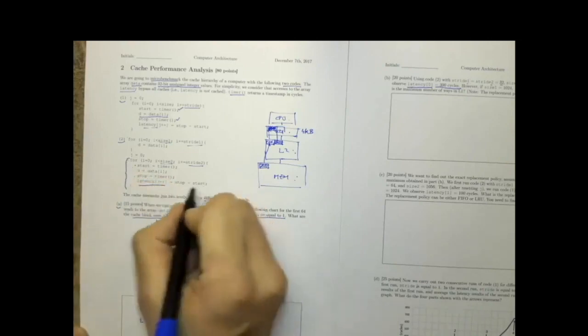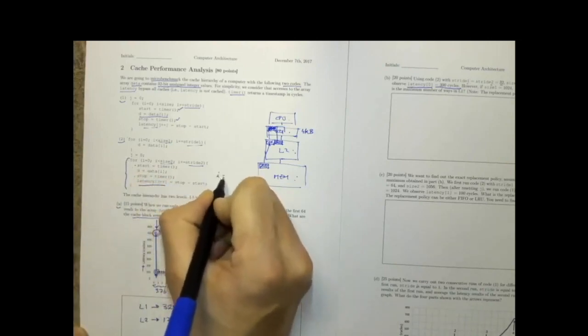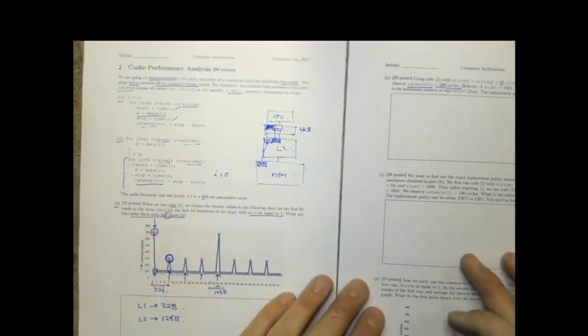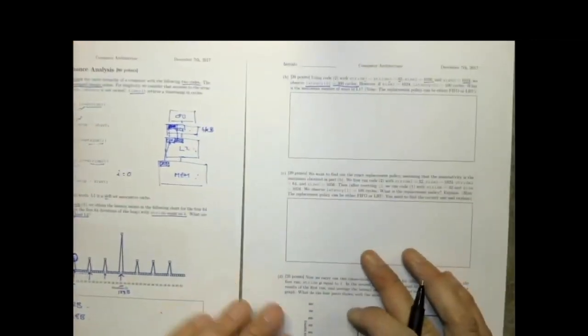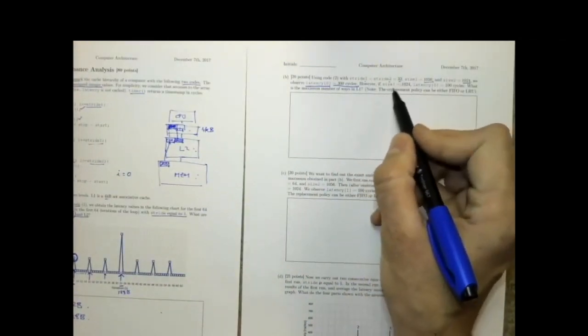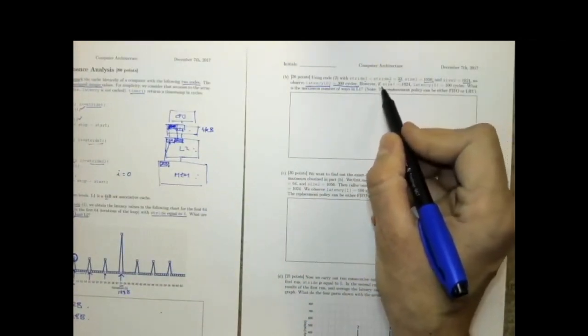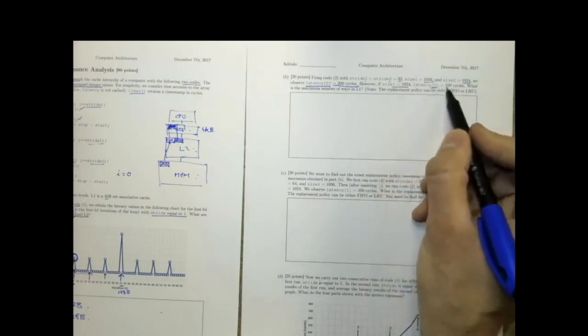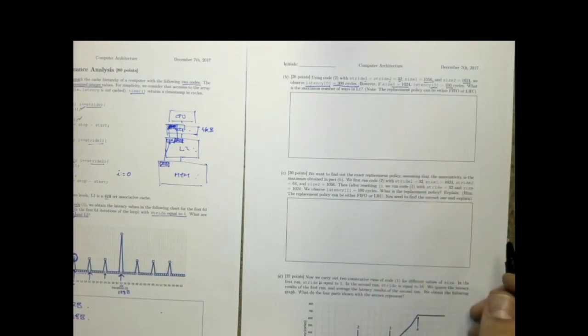So latency 0 corresponds to i equals 0. However, if size 1 is equal to 1024, latency 0 is 100 cycles. And the question is, what is the maximum number of ways in L1?